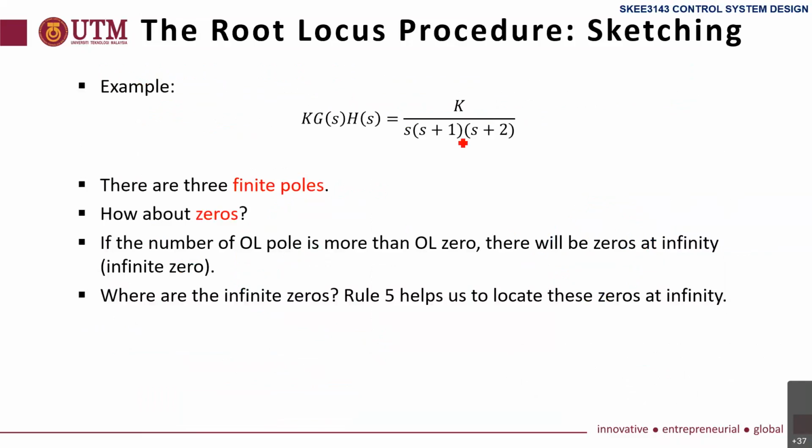Let's take this example, k over s plus 1, s plus 2. We have 3 poles. How many zeros do we have here? Can anyone answer? How many zeros do we have?